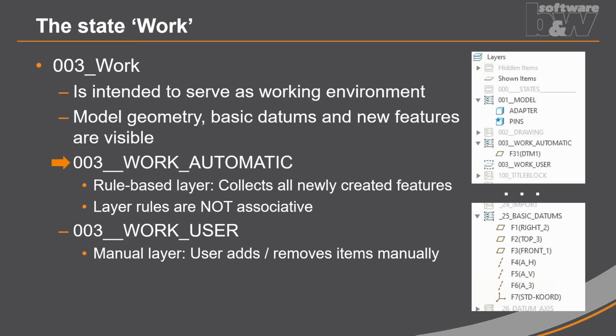I have another layer that's called Work Automatic, and this layer collects all new features. It's not associative, so if I clean this layer, it's not collecting back all the features. And I have a regular layer for the user that he can add items to manually on his choice.